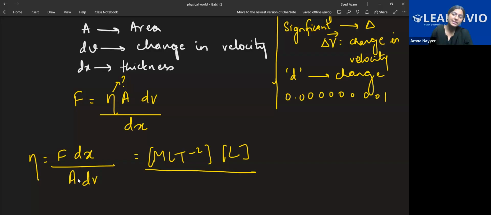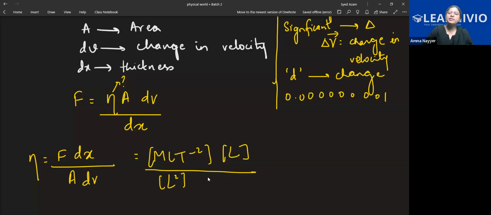Area is same as length. No, no. Think. What's the formula of area of a square, rectangle? Is it just length? No, it's square. Right. L square. Check your notes. In the first class, we have done the area, volume, density. These were the first. Got it? So area is L square.